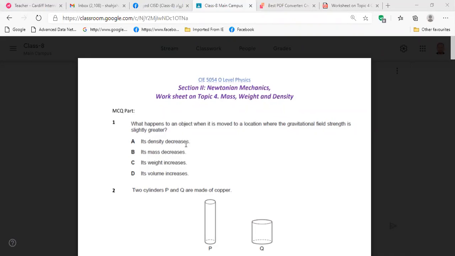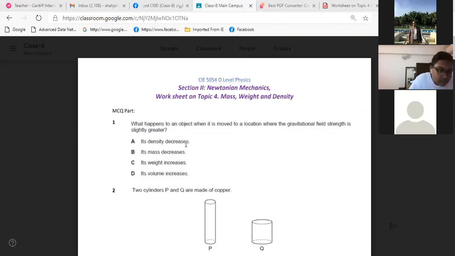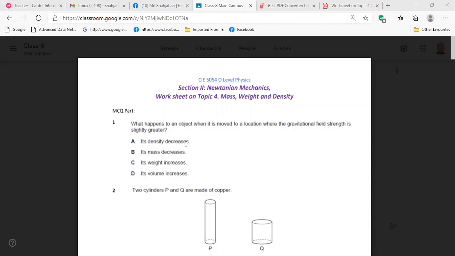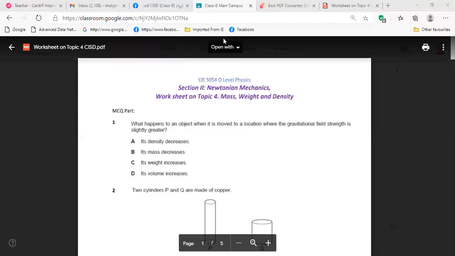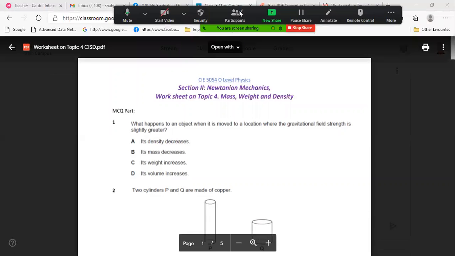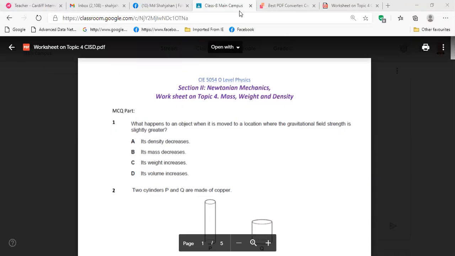With the change in gravitational field strength, which is greater, the weight should be greater, right? Isn't it, Mithila? So you understood it? Okay, so this way you should analyze.